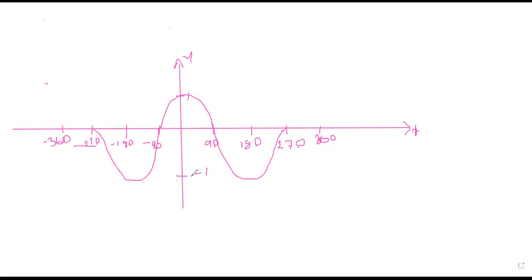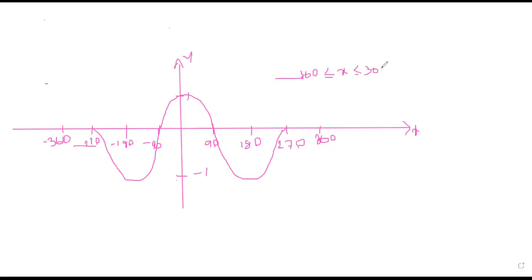Okay, the last graph, this is also a very important graph. It's called the tan graph. So I hope you got the idea. And as with the sine graph, you will get a range, minus 360 to plus 360.